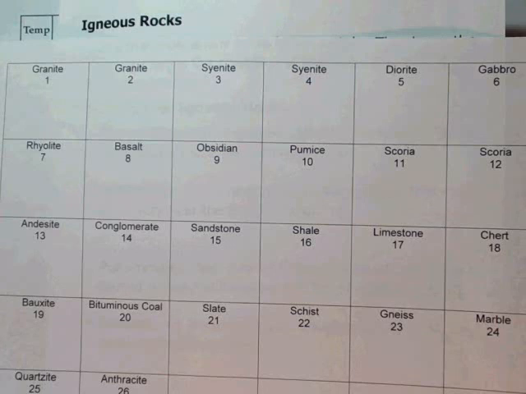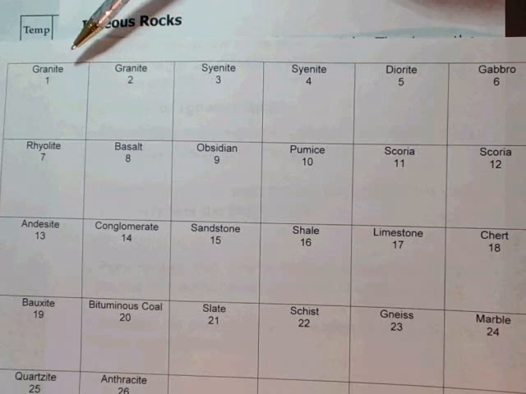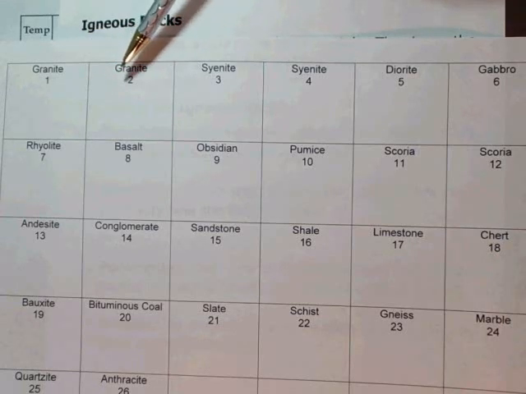The samples that exhibit phaneritic texture are 1 through 6, and we already looked at a few of these. There are 2 granite samples actually, a granite 1 and a granite 2.